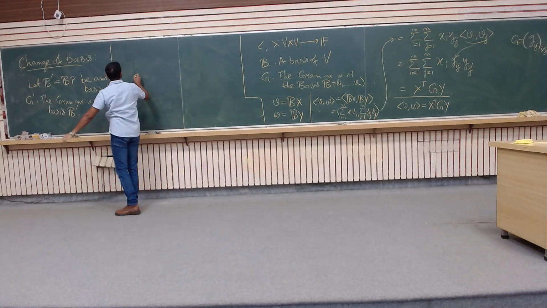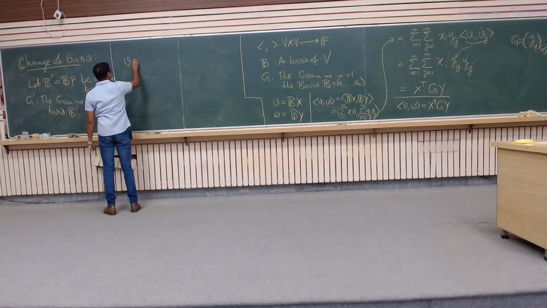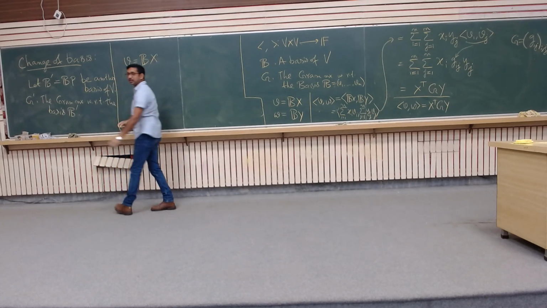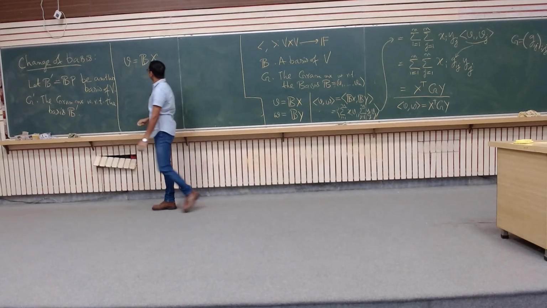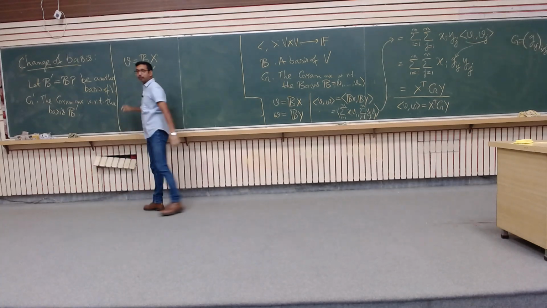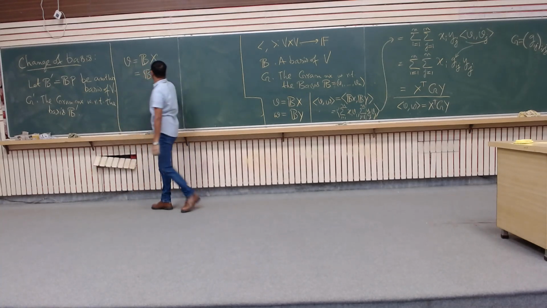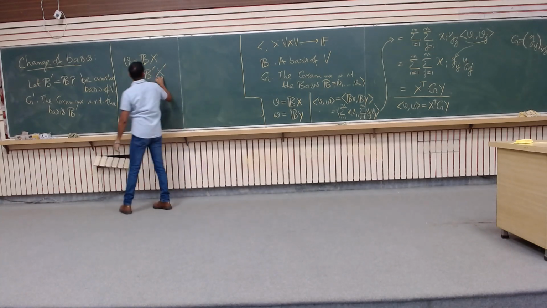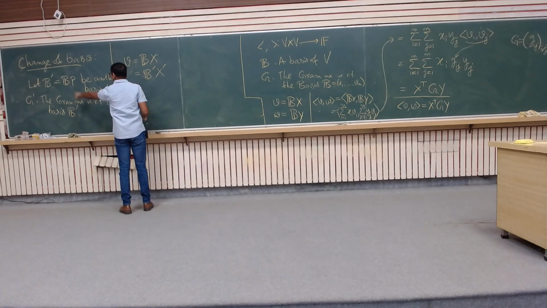So suppose your vector is v and it was represented by Bx earlier, and now you want to represent it with this new basis B dash and call this x dash. Let's recall the relation between x dash and x, which is given by this expression.